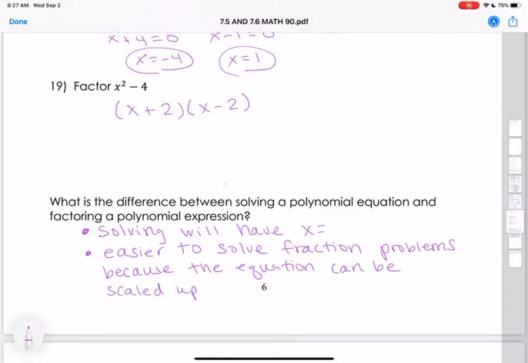So remember when we kind of blew up those ones with the equation with the least common multiple. That's just a reminder for you. If you have the fractions with the equations, you just multiply by the lowest common multiple, and that will wipe out all those fractions for you.